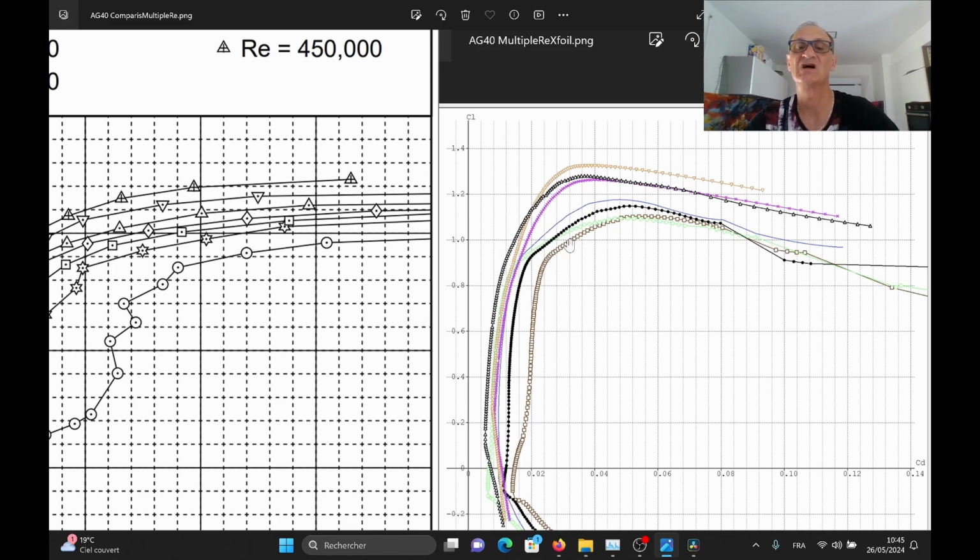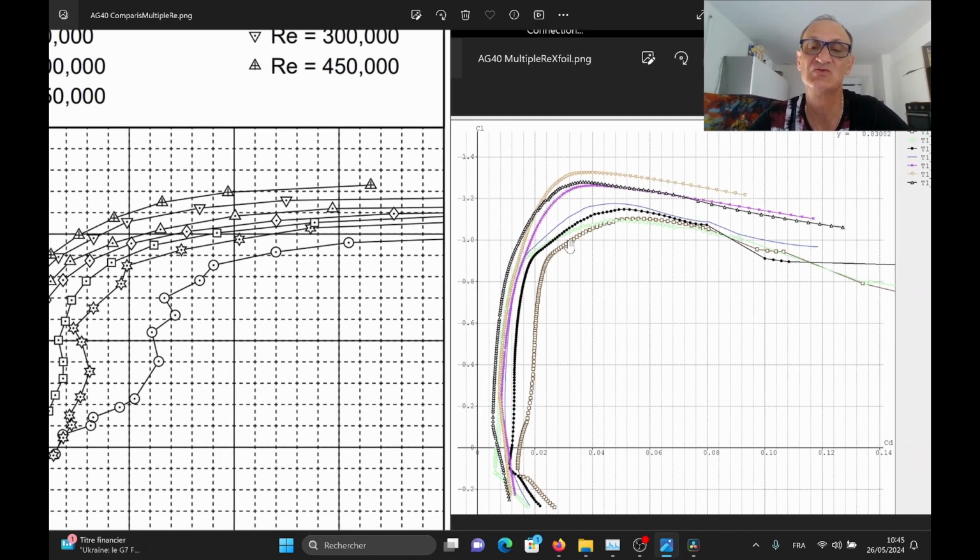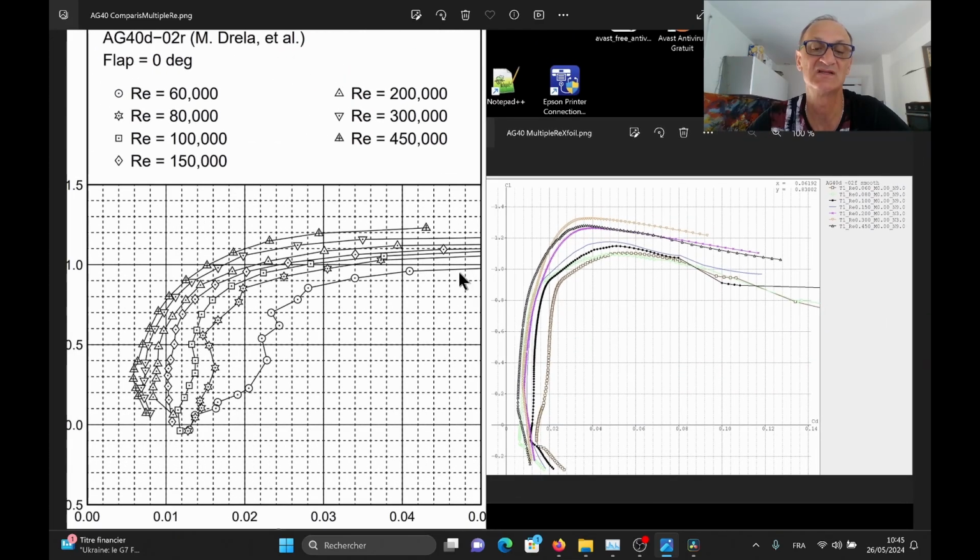We have a drag around 0.032, while in reality we probably don't even reach this coefficient in the wind tunnel, and the drag is probably more than 0.05, which means that it's an increase of 180%.